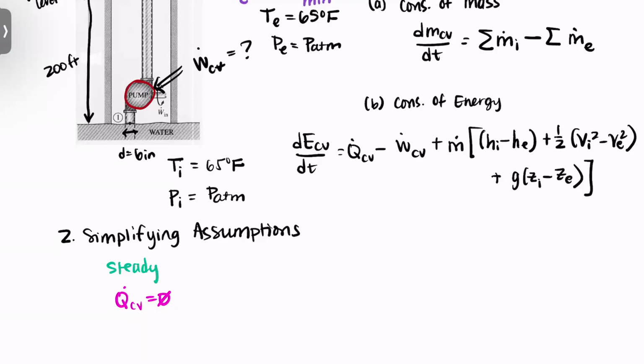So I would suggest that we get rid of kinetic energy. So we're going to neglect kinetic energy. We're going to assume that it's very small relative to the change in enthalpy. All right, so I can get rid of this term.